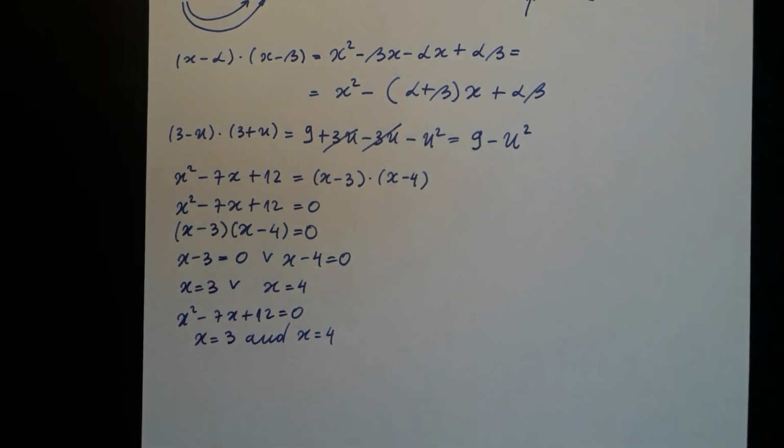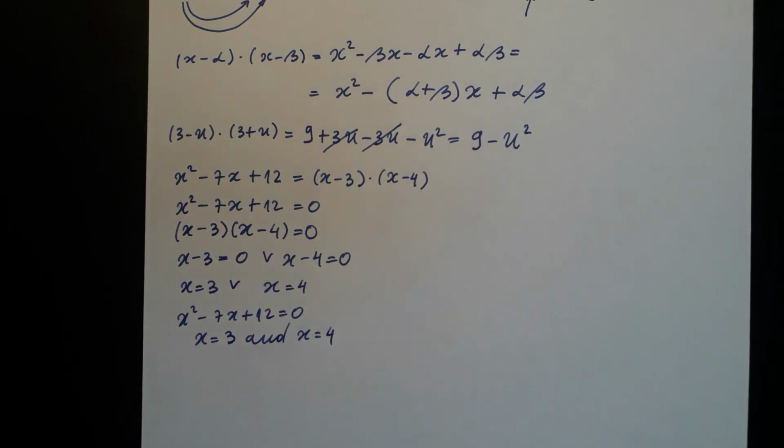Those are the only values of x which, if I put them into x squared minus 7x plus 12, give a quantity which is equal to 0. The conclusion here is that if I am trying to solve a quadratic equation, what I need to do is find this factoring and then I can read the answers.